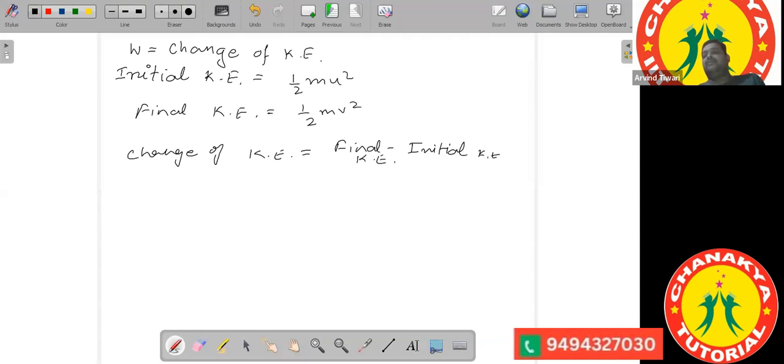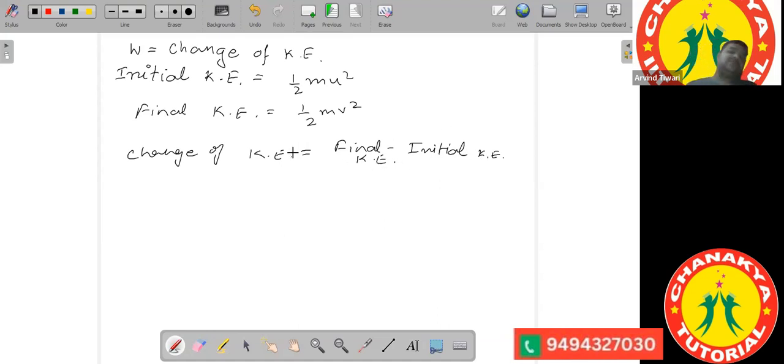And this is the formula that we just derived, that work done is equivalent to the change of kinetic energy.